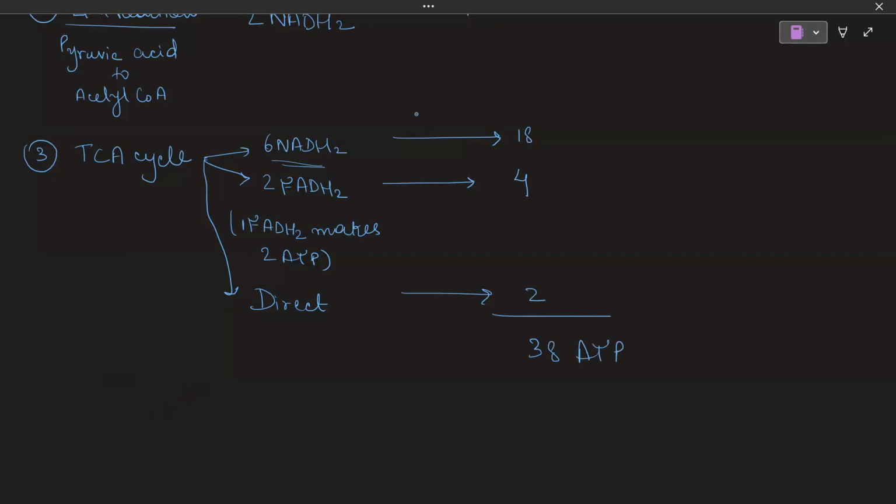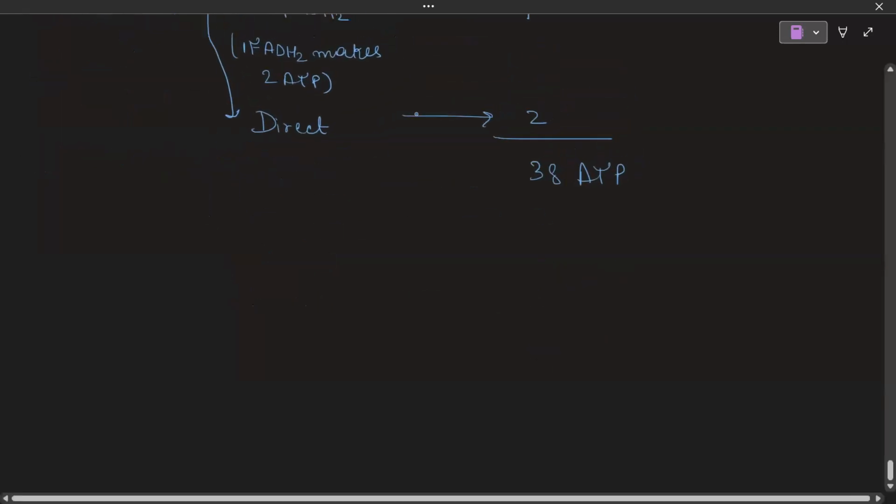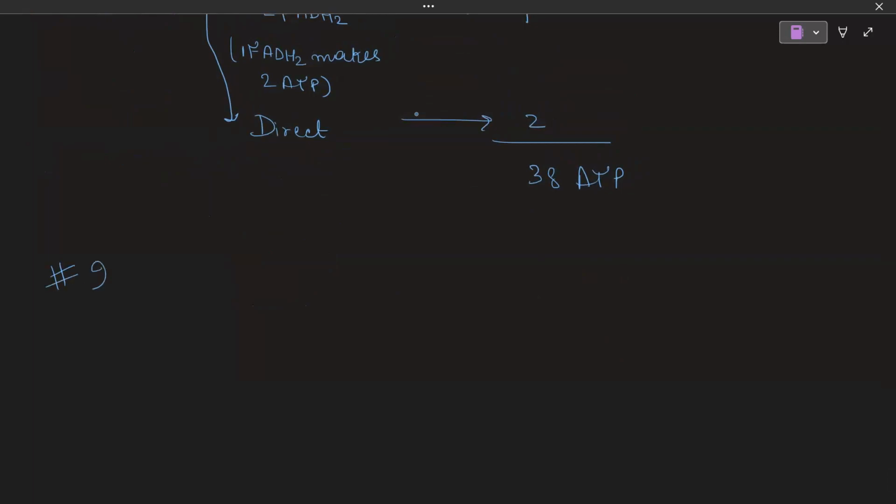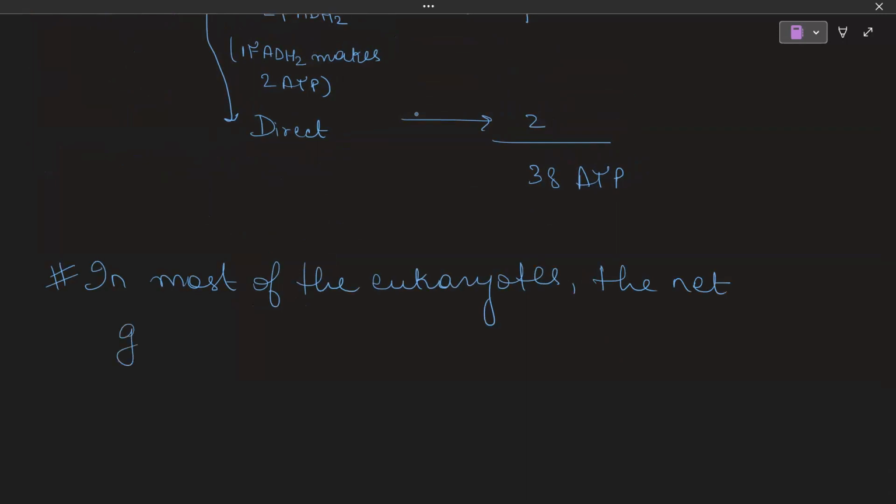So in totality, the net gain of ATP will be 38, right? Yes. But another thing you have to look at is that in most of the eukaryotes, this is one line that you must remember, the net gain of ATP will be 36.